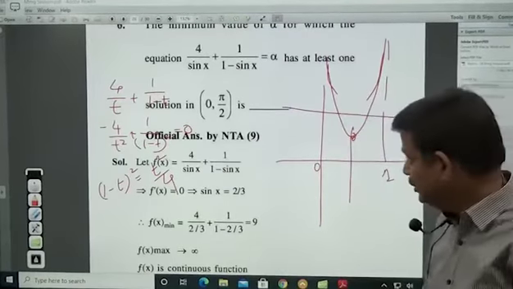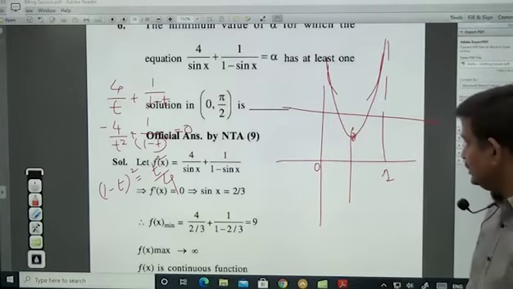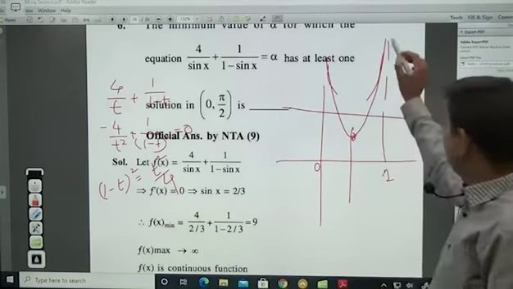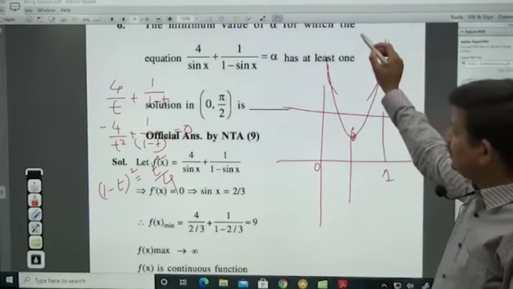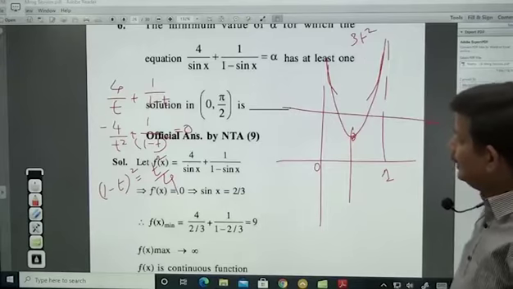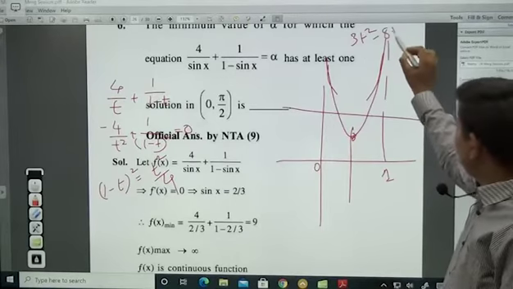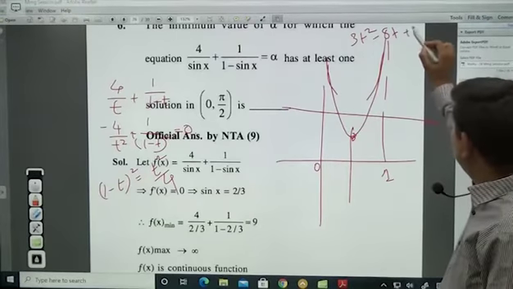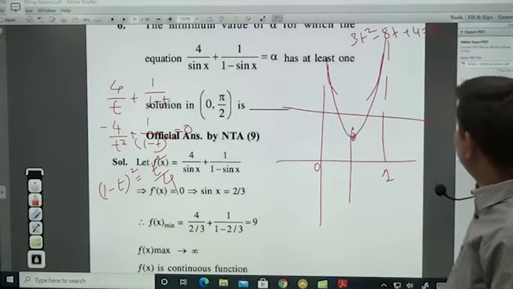So, here you are getting two solutions. What are those two solutions? 4 times 1 minus t square equals t square, so 3t square minus 8t plus 4 is equal to 0.